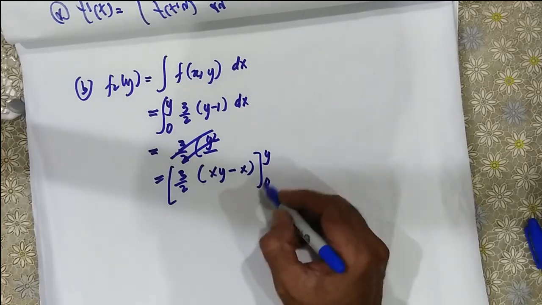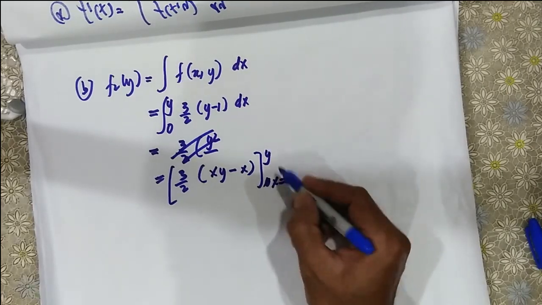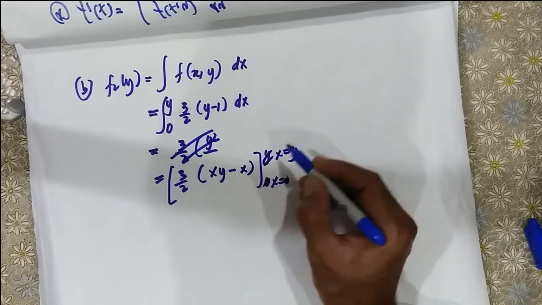Okay, so x is equal to 0 and x is equal to y.